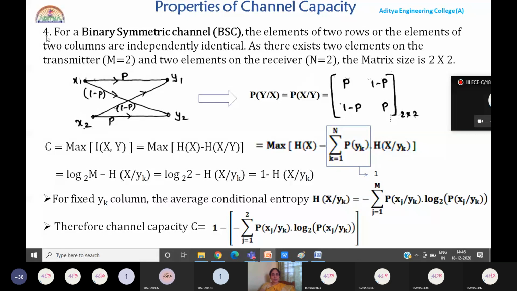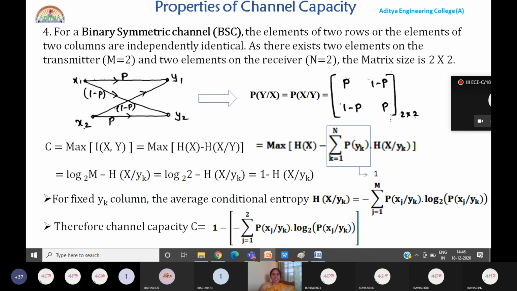Now, coming to the fourth property, please consider a binary symmetric channel. The elements of two rows or the elements of two columns are independently identical.